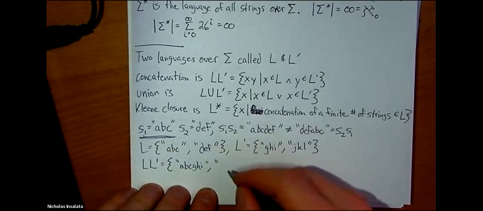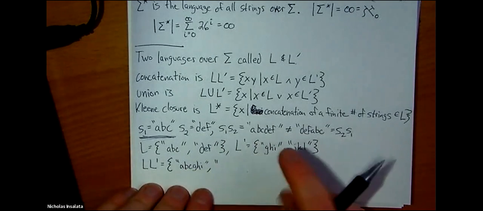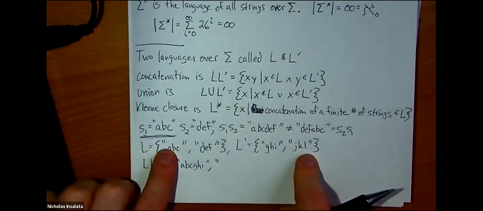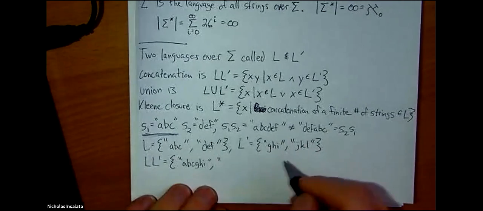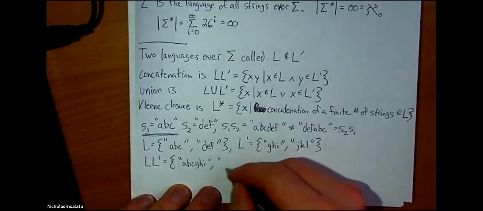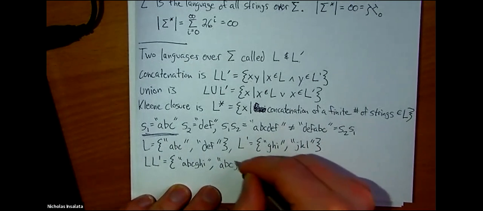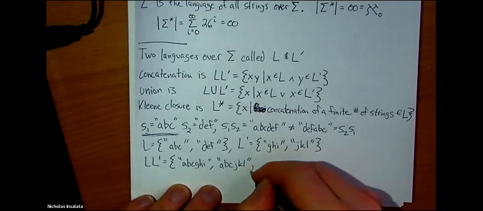Perfect. Okay. So this is a lot like the cross product, right? Or FOILing is another way of looking at it, right? First, outside, inside, last, right? So the next one will be ABCJKL. What about the third one?